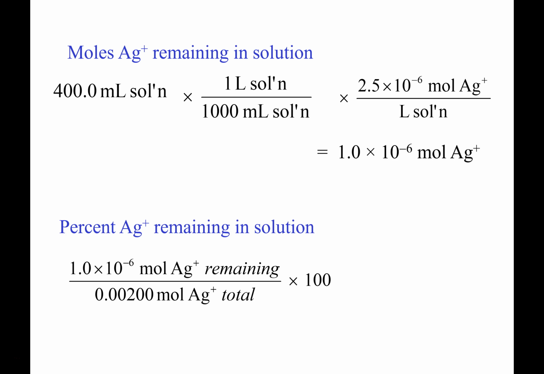Clear back several slides ago, you'll find in our initial amount of silver, regarding the moles of silver, we had 0.00200 moles of silver starting out. If you divide that out to get to parts per 100, multiply by 100 or 100%, give us 2 sig figs. That means that only 0.050% remains in solution. It doesn't precipitate with the chromate.